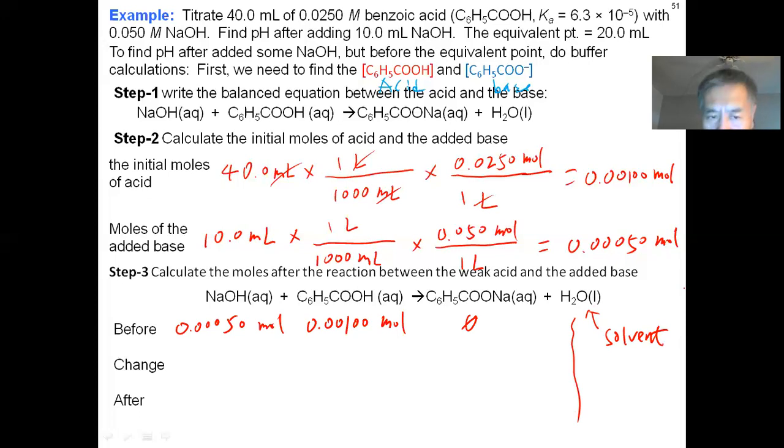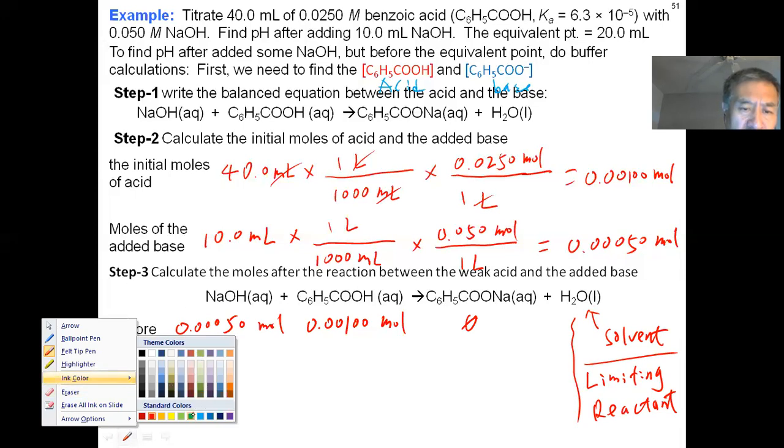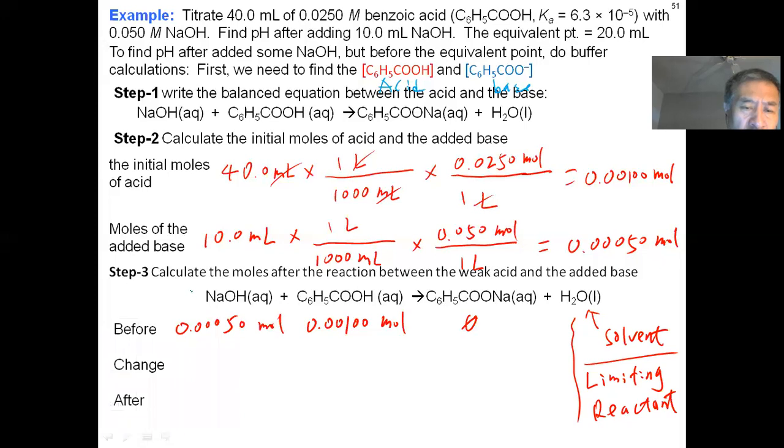So next, we want to find out who is the limiting reactant, because the limiting reactant will be the reactant that is used up. That depends on how much we have of each reactant, and on the coefficient. So let's emphasize the coefficient again. If you don't see any number, that means it is 1. The coefficient is an integer, usually 1.